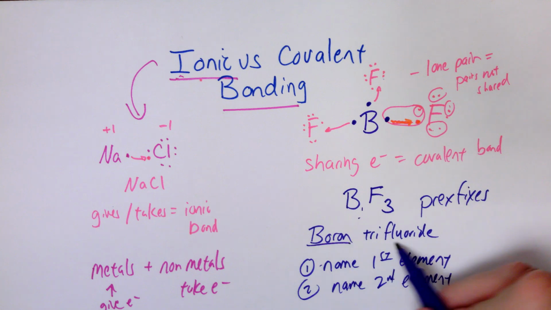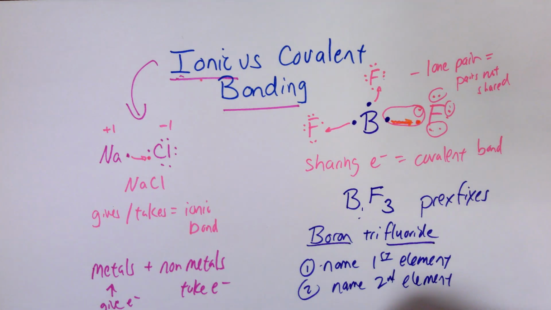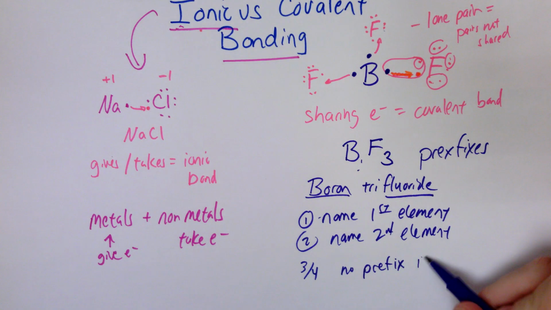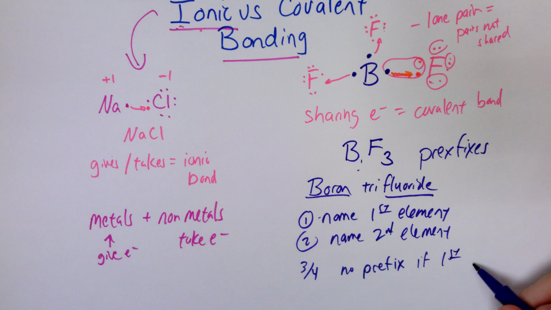Boron and fluoride. Now, rules 3 and 4 are about the prefixes. No prefix if the first atom is 1.